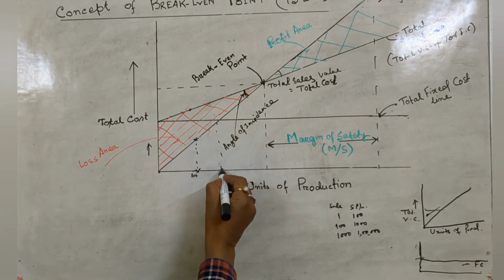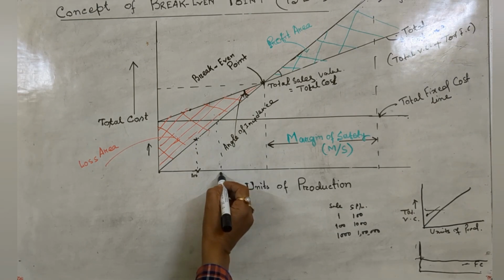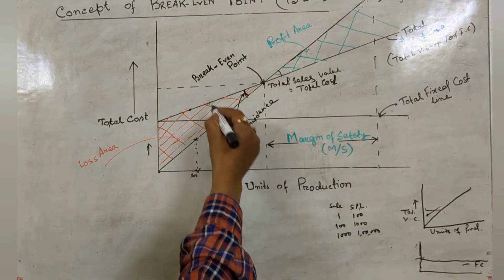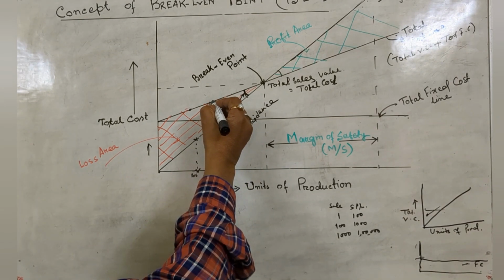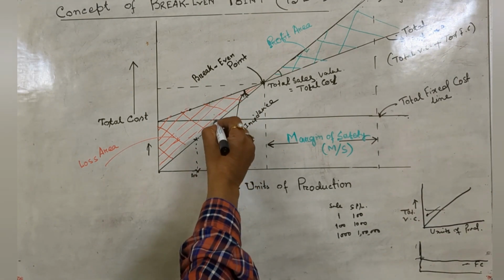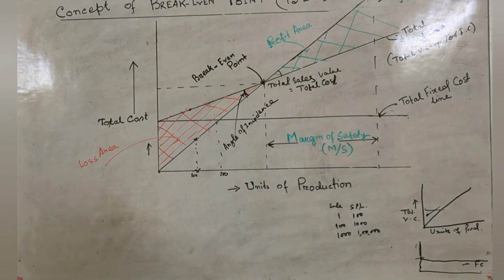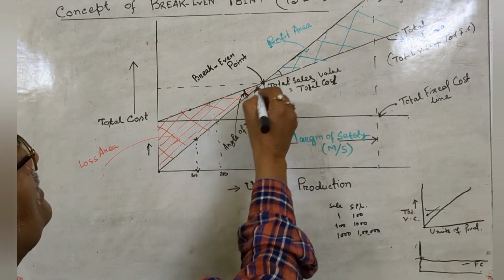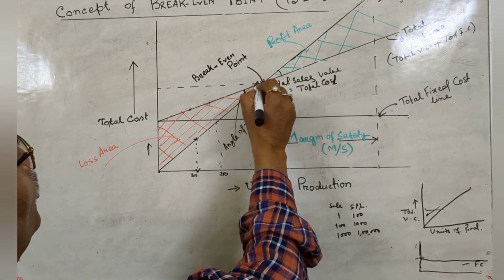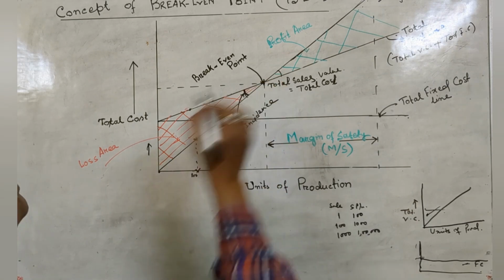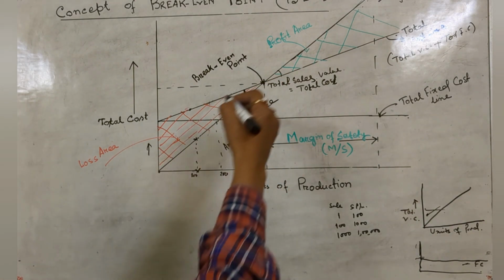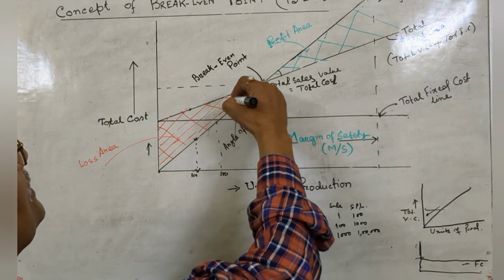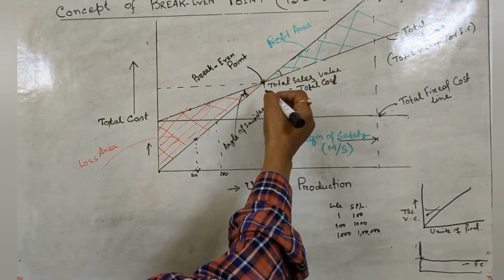Here also, say 2000 units or 200, whatever it may be, this is the total sales line and this is the total cost line. The total cost line is higher than total sales value. If the cost is higher than sales revenue, that means you are in loss. In this way, till just before this point, cost is higher than sales value. That means the company, the firm, is in loss.